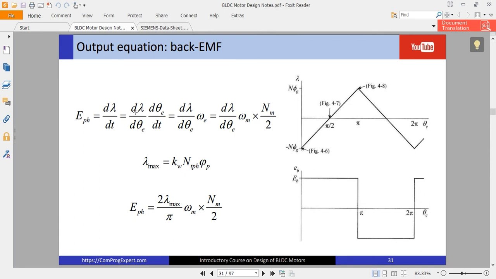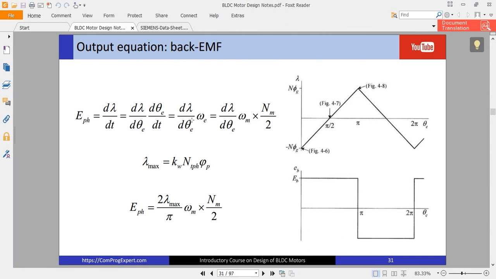So I can write d lambda d theta_e divided by d theta_e dt. This is the electrical angular speed omega_e.